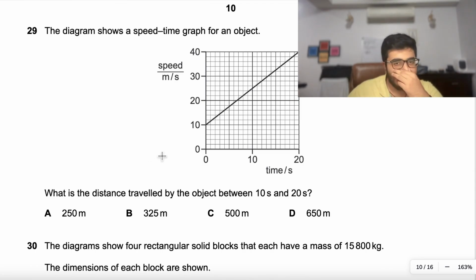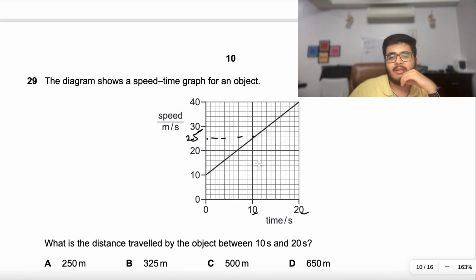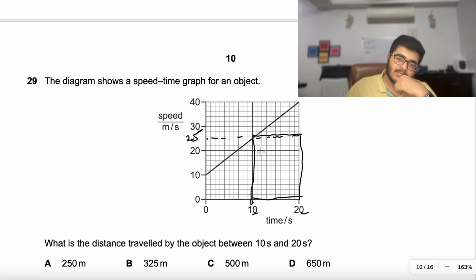The diagram shows the speed-time graph for an object. What is the distance traveled by the object between 10 and 20 seconds? So 10 and 20 seconds. If you zoom in and look, this is 25. Distance is the area under the graph. It moves till here, so till 20 seconds.